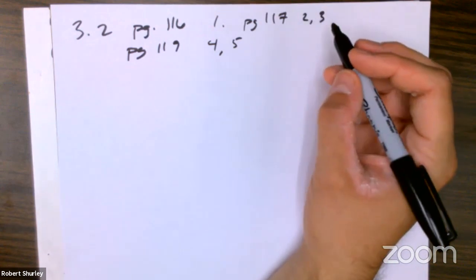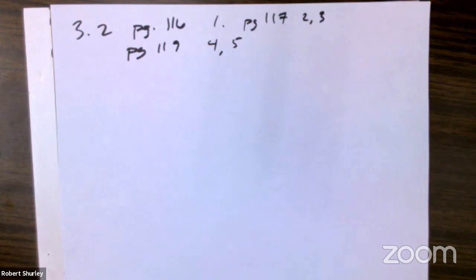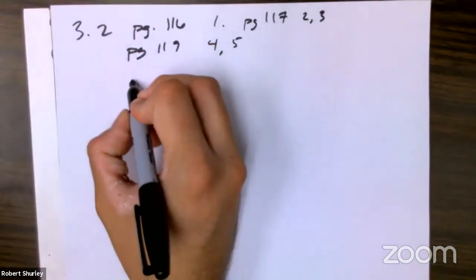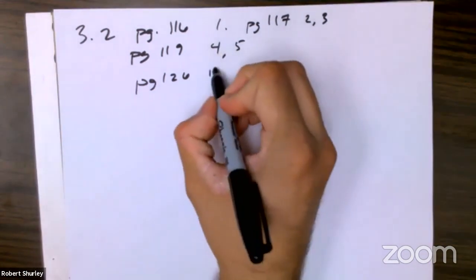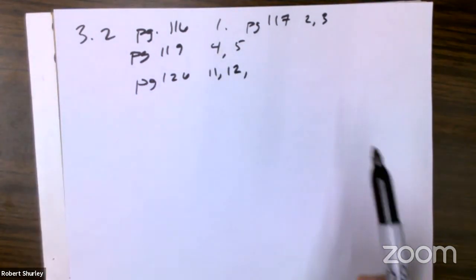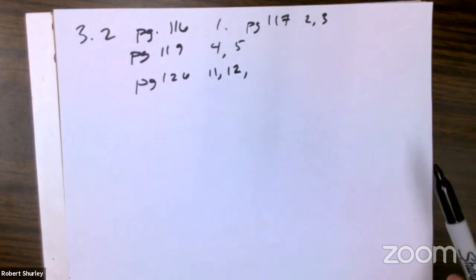And then I'm going to skip over the homework and just go over what we've done today. So page 126, for all data sets, 11. This is real picky and choosy because we haven't gone over the second part of 3.2.